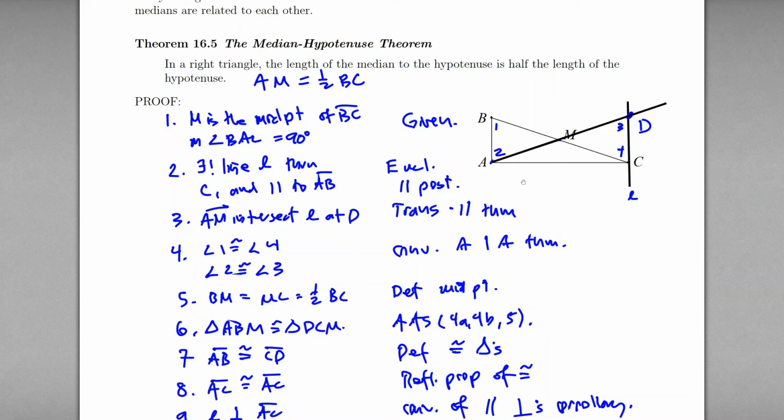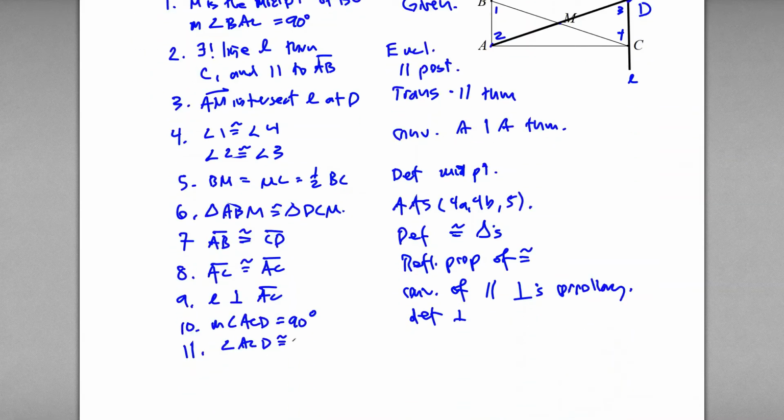That's given by 1B and 10 and the transitive property of equality. Oh, so maybe I don't want to use congruence here. There we go. Measure of angle, measure of angle. Now I can cite the transitive property of equality.